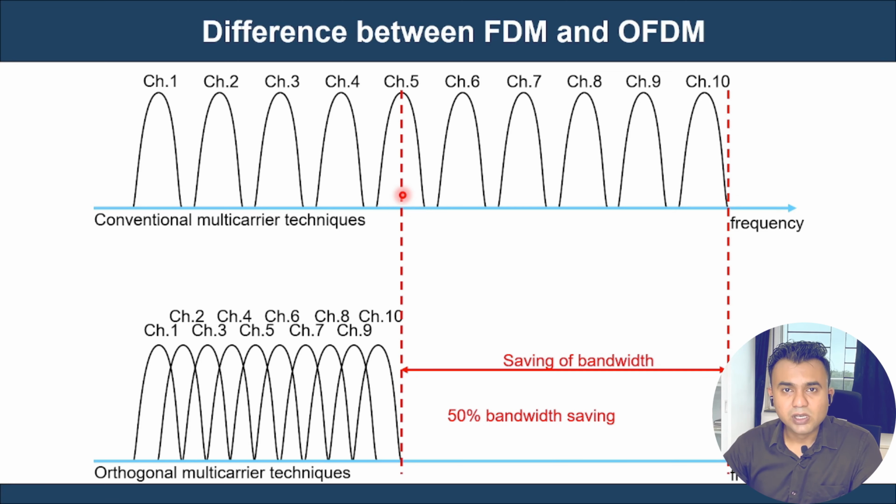Now, the basic difference. What is the basic difference between FDM and OFDM, right? See, FDM means frequency division multiplexing. We were multiplexing multiple frequencies, let's say channel 1 for user 1, channel 2 for user 2, and in between we used to have the guard band.